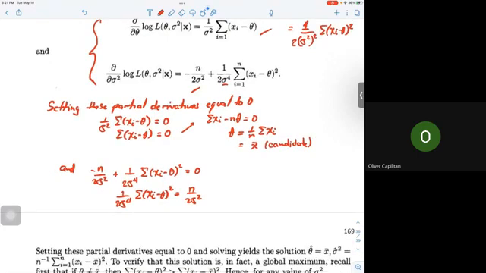Multiply both sides by sigma to the 4. Merong cancel itong 2. So, may iwan dito, 1 over n is summation of xi minus theta square. Then we have here sigma square.